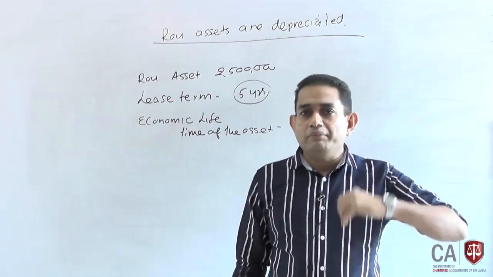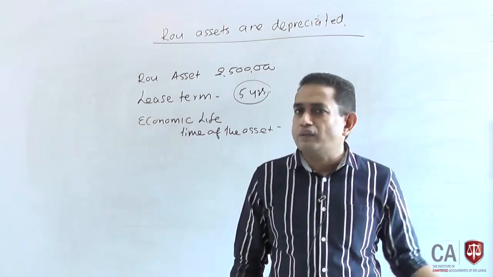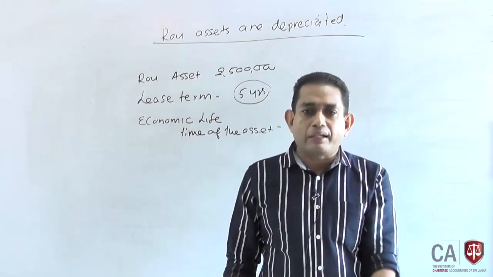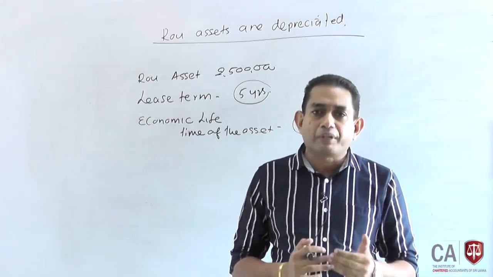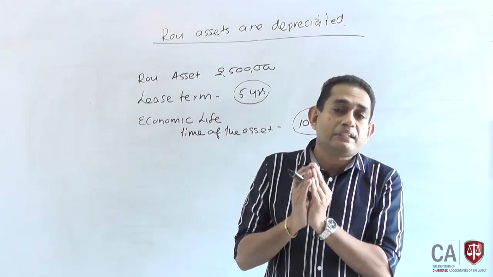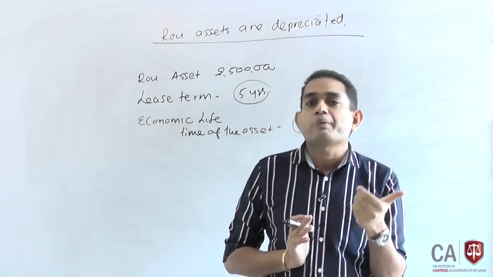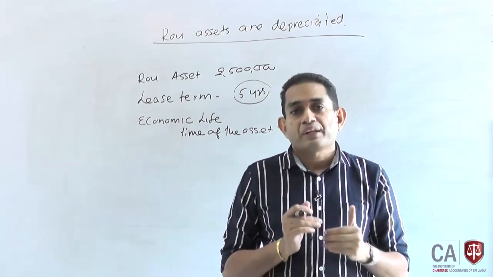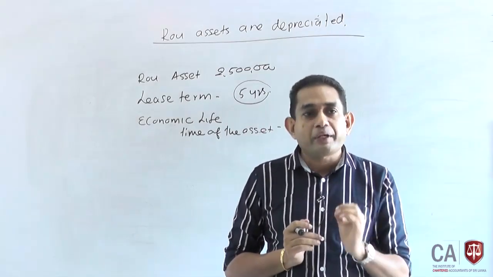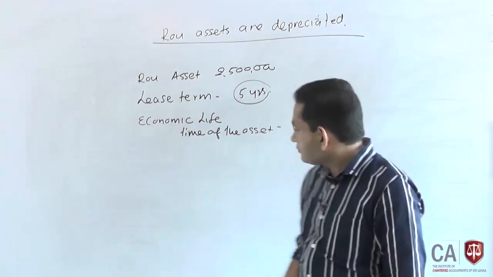But somebody will be expecting to use the asset only for 10 years, and that is the useful lifetime. So, the economic lifetime is defined from the perspective of the asset, whereas useful lifetime has to be assessed based on the perspective of the user, taking into account for how long the user expects to use the asset.